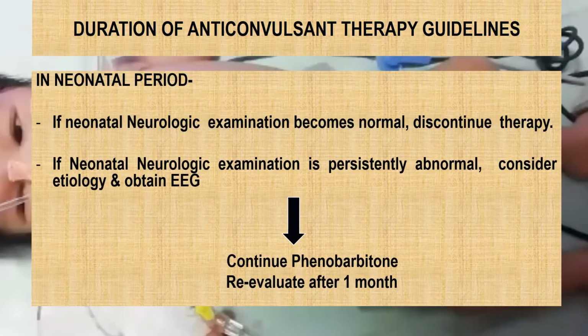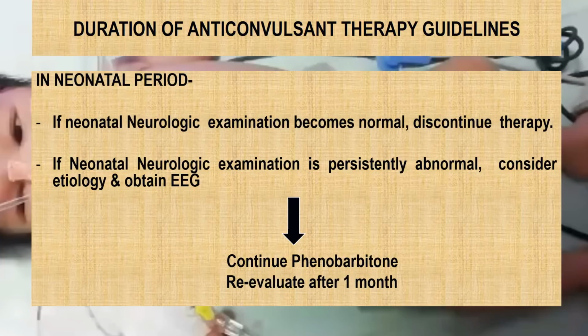If the neonatal neurological examination is persistently abnormal, then consider etiology and obtain an EEG. The patient might be having some changes in the brain which can be seen in the EEG. So continue the phenobarbital and re-evaluate the patient after 1 month.